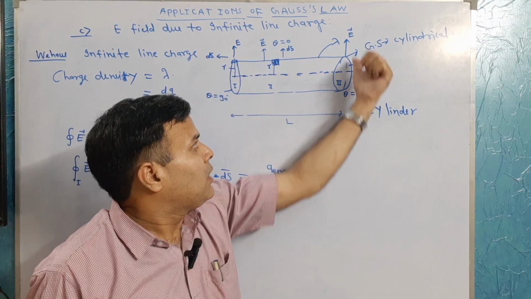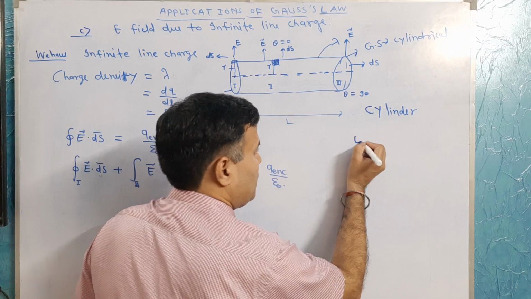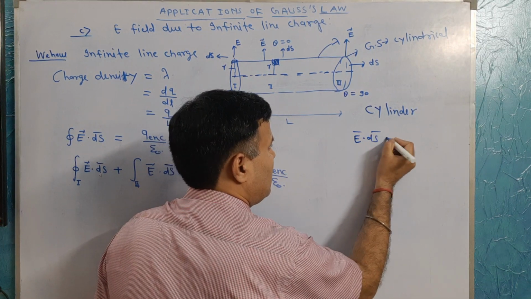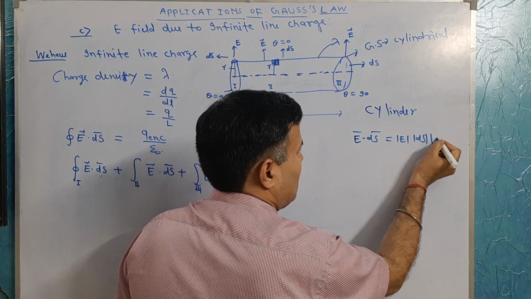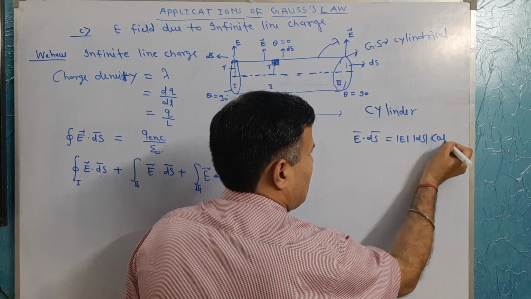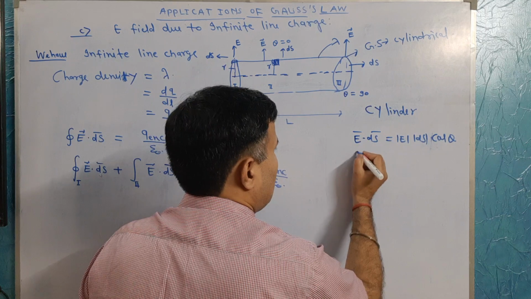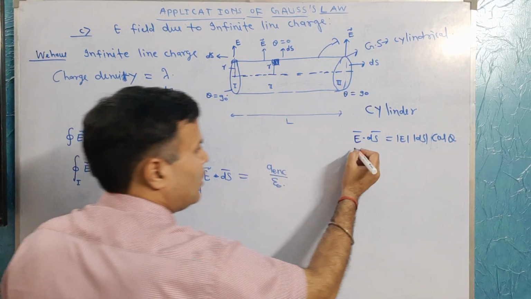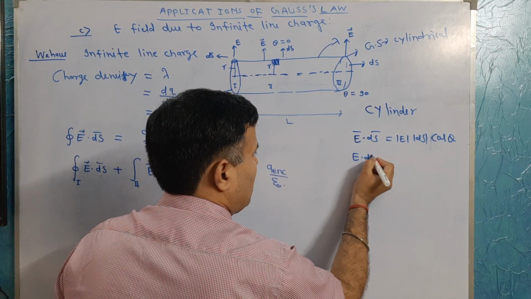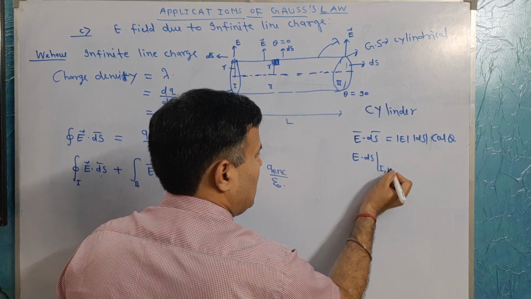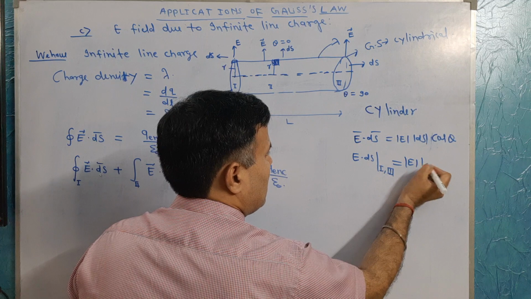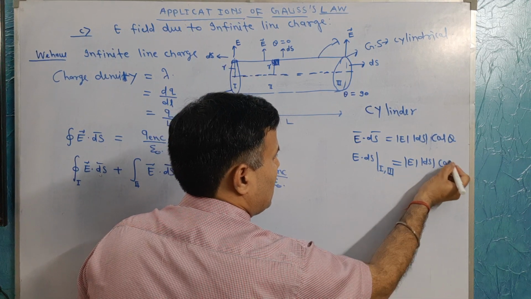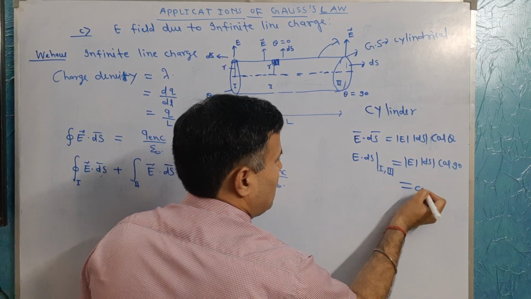So that is why E dot ds is simply, we know this is a dot product, E ds cos theta. So E dot ds corresponding to 1 and 3 is simply E ds cos 90, which is 0.